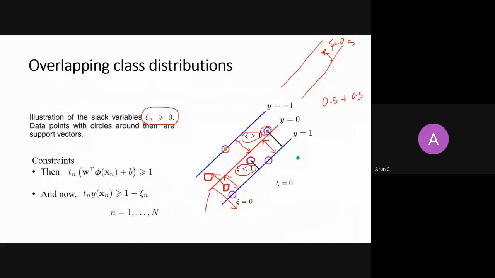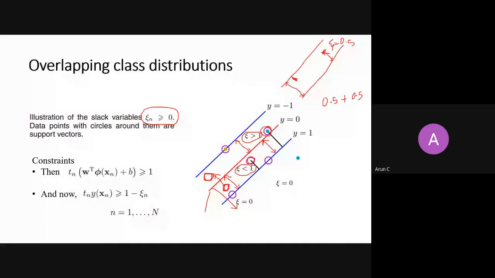So the second example I want to take, just because 0.5 was seen: let's say some point comes here, right? The ideal distance which I was expecting was 1, but this point comes so close, and the y for this point will be 0.2.